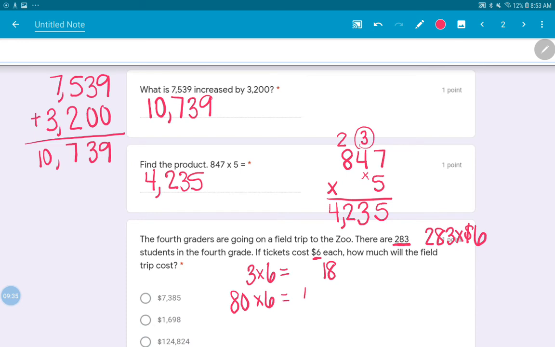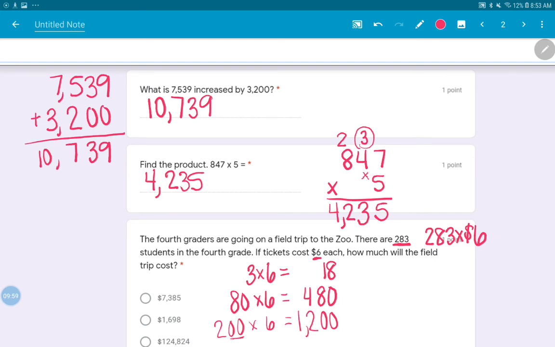And we have how many zeros on the end? 1, because we were multiplying our tens place. All right, then what did you do? 200 times 6. Okay. And what is 200 times 6? 1,200. Very good, 1,200, because 2 times 6 is 12, and we have 2 zeros to add.